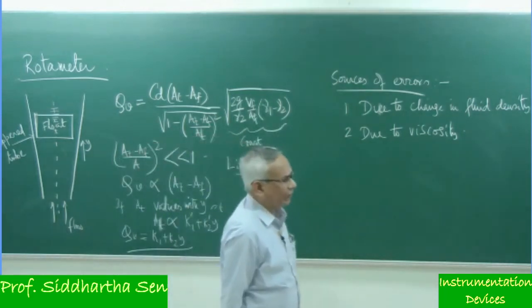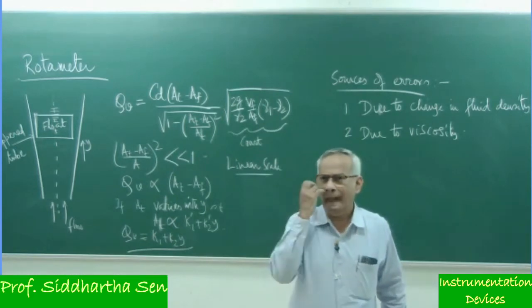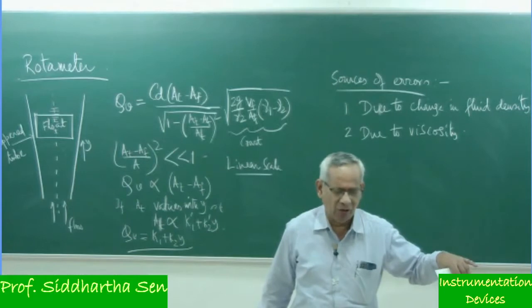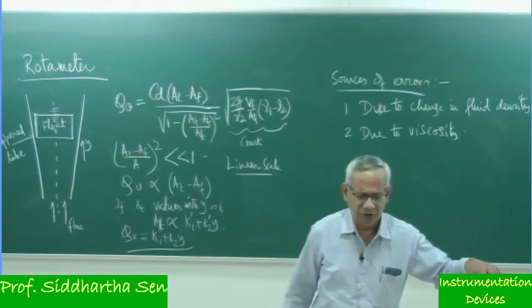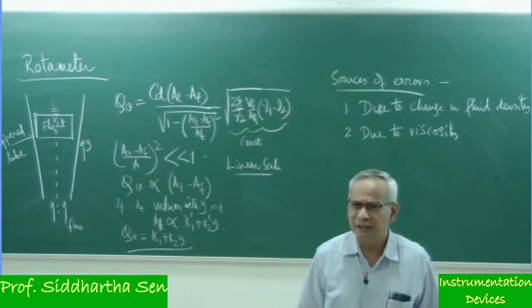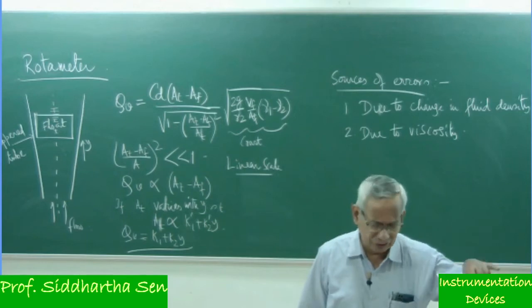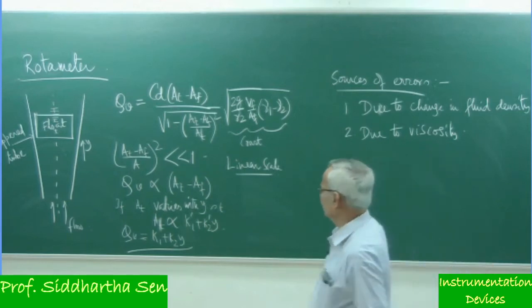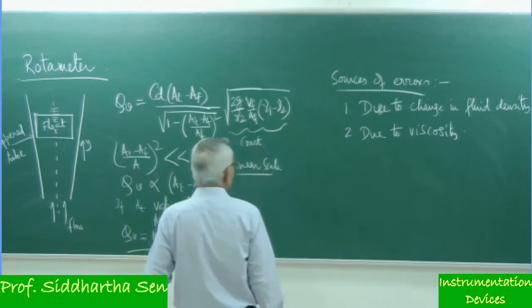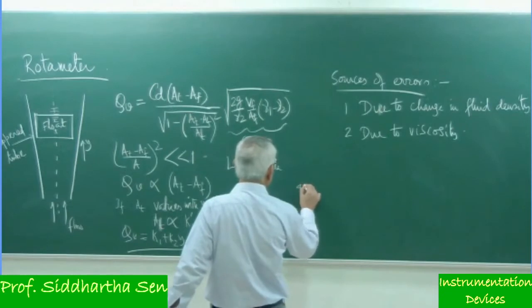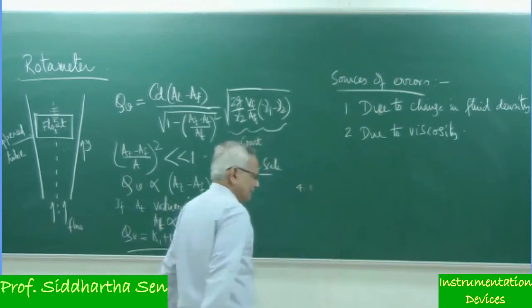But at the same time, we told that compared to the other obstruction type flow meters like Venturi and Orifice, here we can measure flow rate more accurately if the flow rate is low. While in other cases, suppose 4 is to 1 or like this, that is the minimum and maximum flow rates.